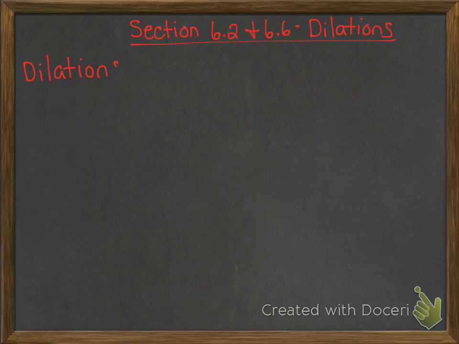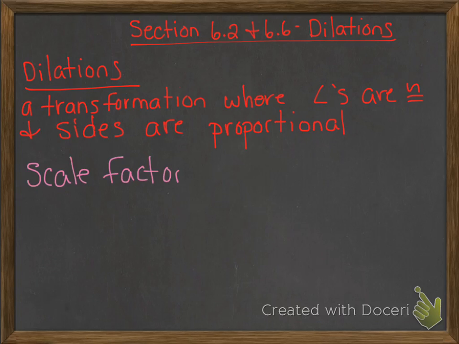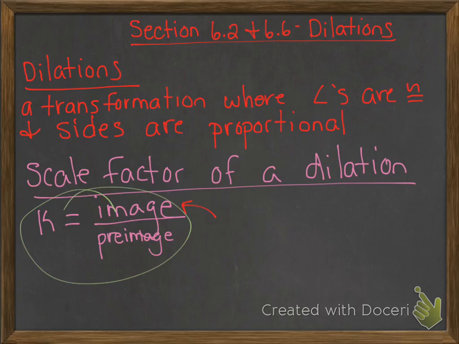So all a dilation is, is a transformation that results in congruent angles and proportional sides. It's a similarity transformation. We're going to have a scale factor again, but it's a little more specific. We have a formula for it, and our formula is going to be K equals image over pre-image.